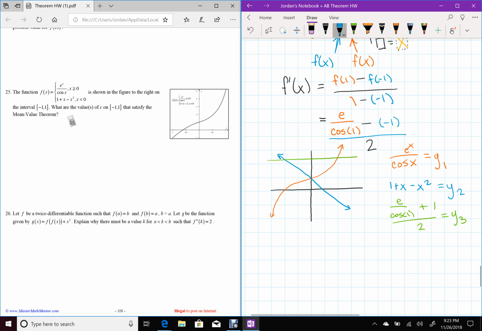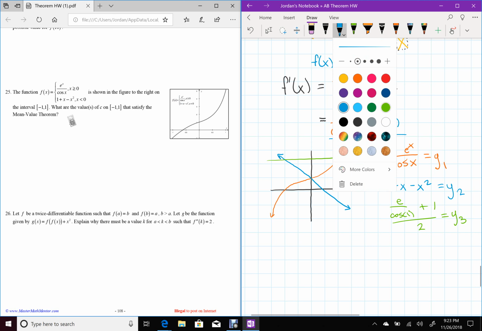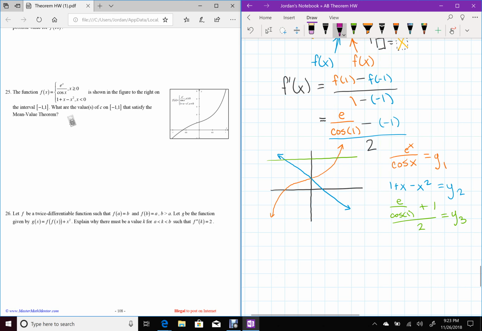So let me change the color here. I'm going to get something like this color, purple. And it tells me that this intersection occurs at x equals 0.516, thereabouts. Okay, now remember, my window is set to the boundaries.